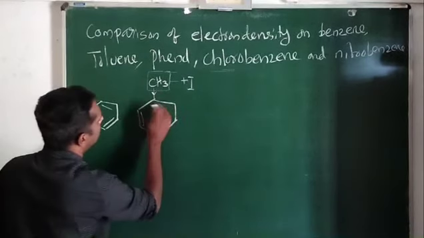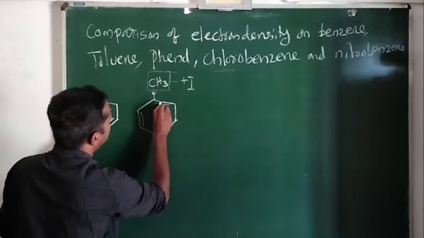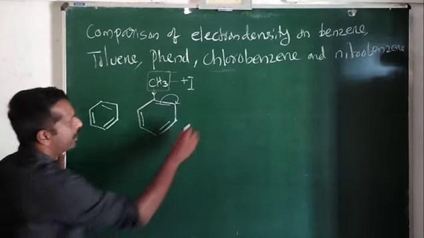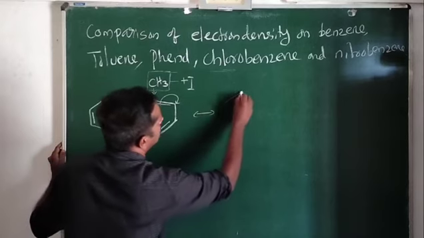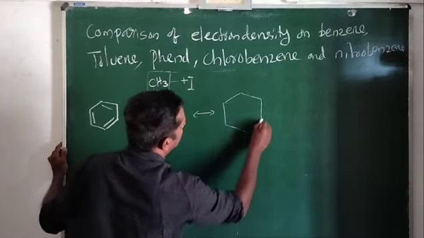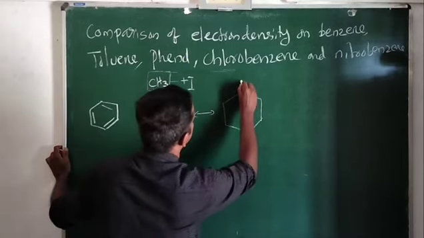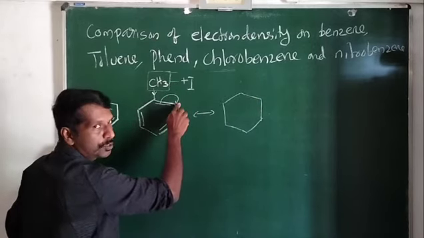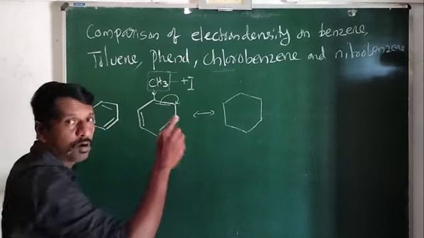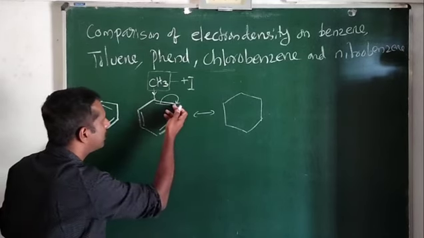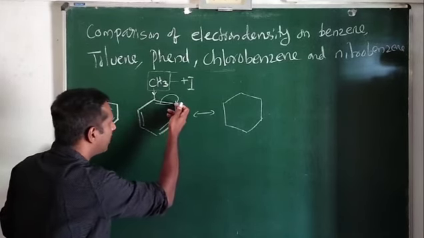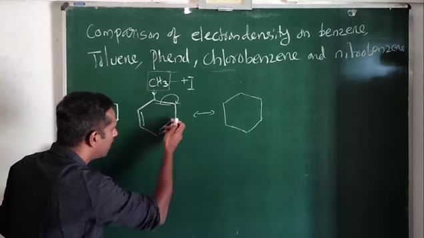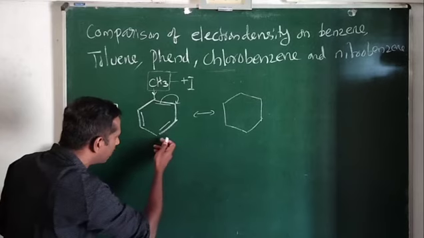Therefore, what will happen? You can see that this pair of electron will be shifted to here. That means the structure will become like this, and here it will have a negative charge on this carbon. I am not drawing all the structures. In the next stage, a pair of electron will come between these two carbon, and this pair of electron will be shifted to here.